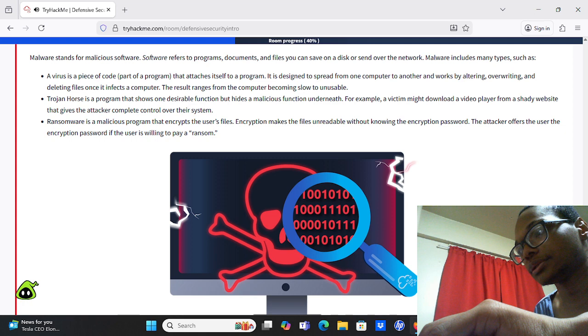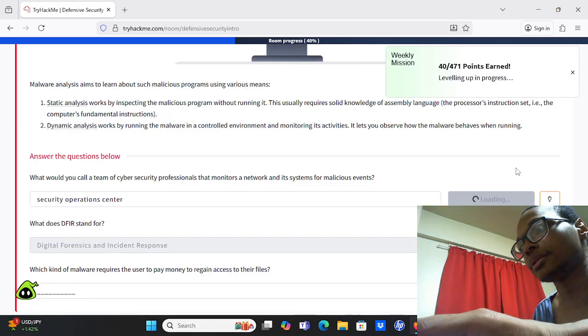Security Operations Center. Okay, number three. Which kind of malware requires the user to pay money to regain access to their phone?